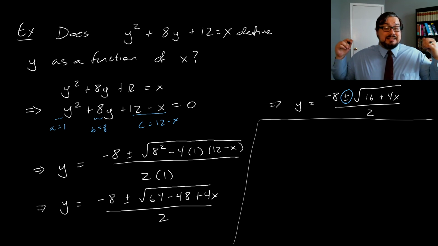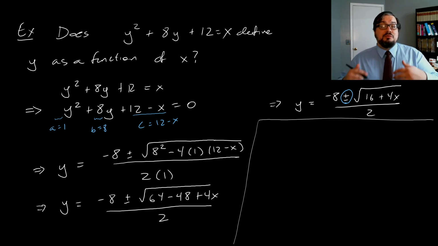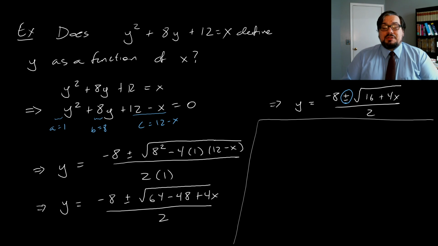And the fact is that when an equation doesn't define y as a function of x, it's often the case that any number that you pick, or most numbers that you pick, will show you that. If you pick just a random number for x, there'll be two different y values that satisfy the equation. The easiest number to work with is almost always 0.